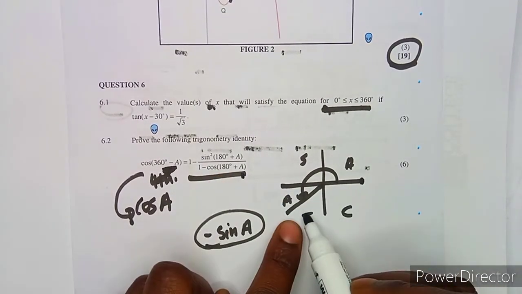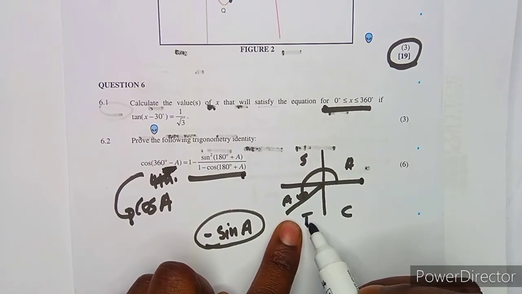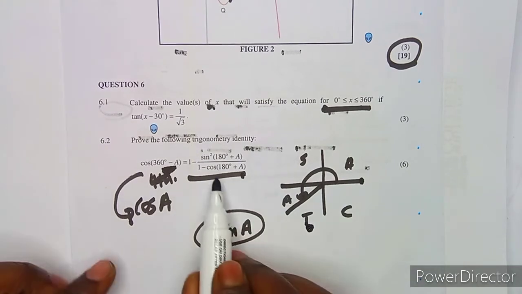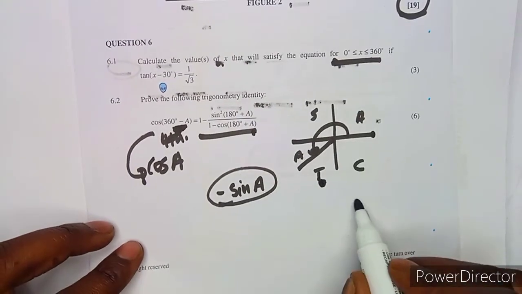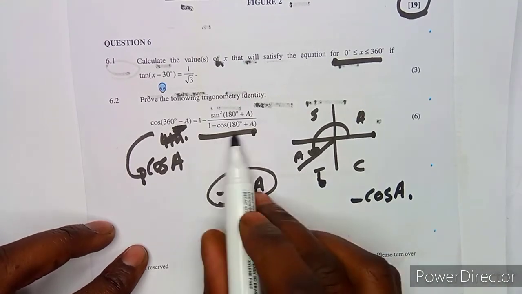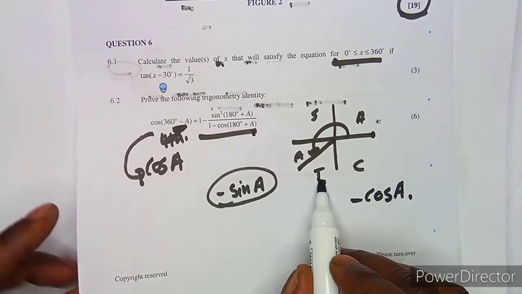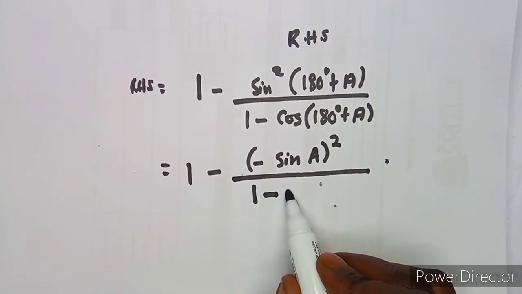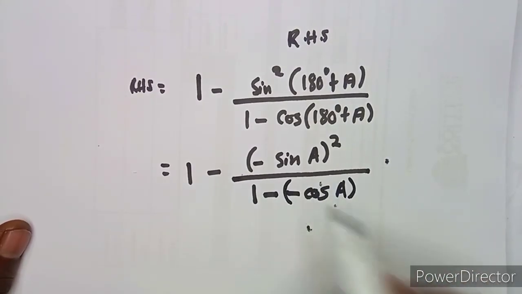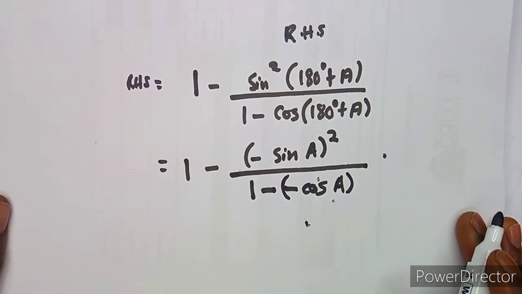This is the same quadrant, and this quadrant is for tan, it's not for cos, which means our cos is going to be also a negative. So it's going to be minus cos a, because this quadrant is for tan. So it is going to be minus cos a, like this. So it's minus minus now. All right.